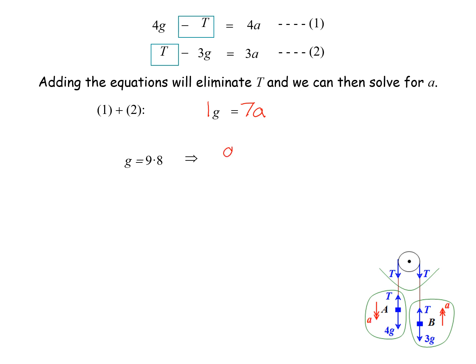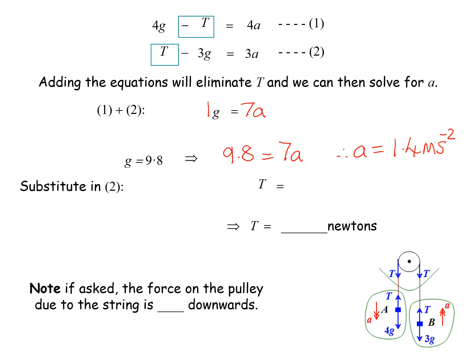So 9.8 times 1, 9.8, equals 7A. Therefore, A will equal 1.4 meters per second squared.